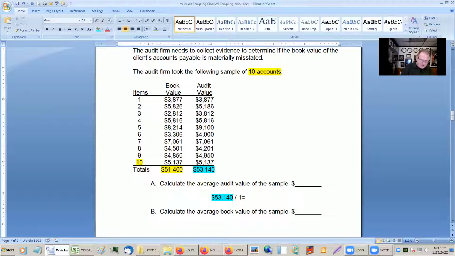Oops, that's not 10. Equals 5,000. Okay, yeah, 5,000. I think this one came out of a CPA exam.